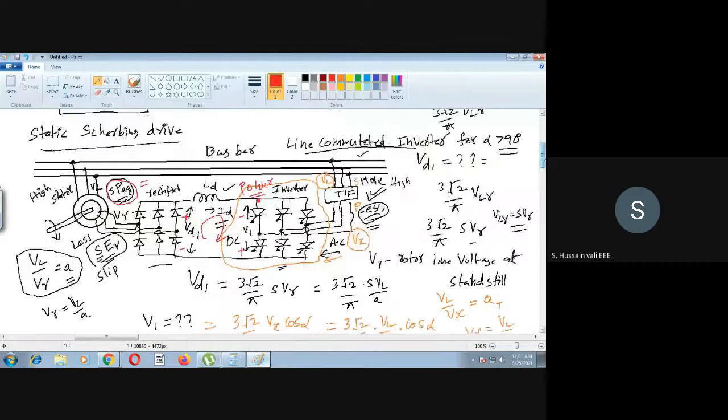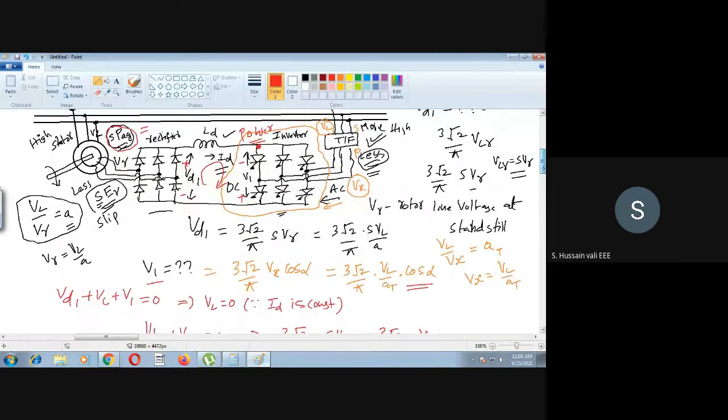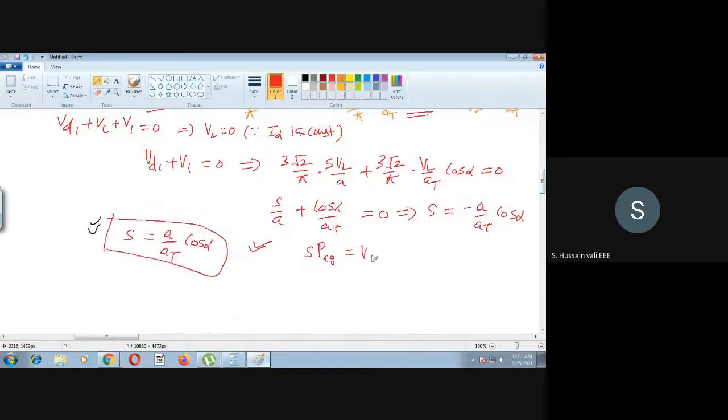What is the power at this point? The power at this point is the voltage into current. What is the voltage? V1. What is the current? ID. So V1 ID. Before we simplify, we recall the equation between the torque and the air gap power. This also comes from the previous induction motor classes.